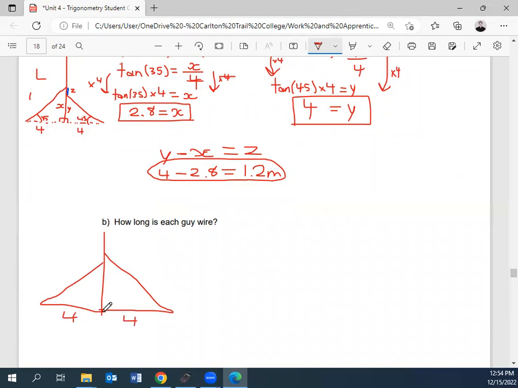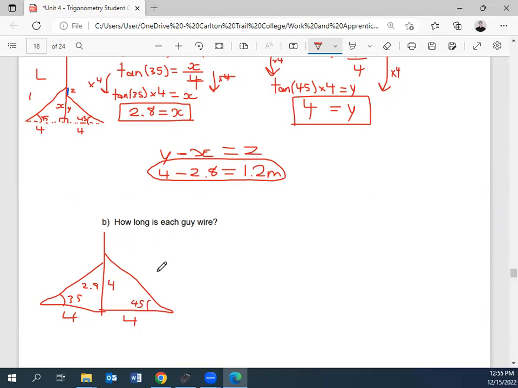The angles are 35 and 45, and the heights are 2.8 and 4.